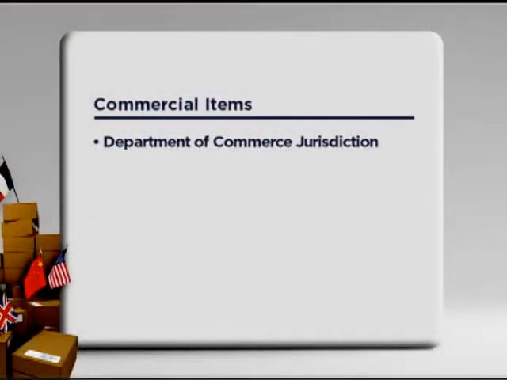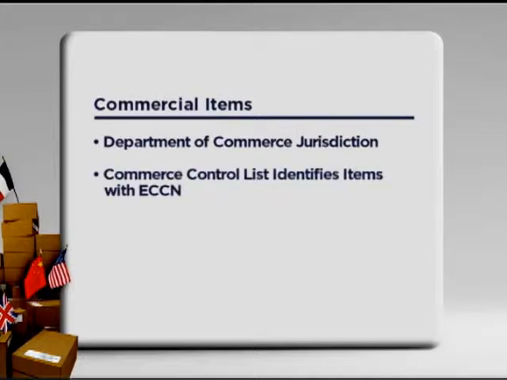Let me get my product spec sheets and I'll call you back. Great. Just to go over what we covered. Commercial items are under the jurisdiction of the U.S. Department of Commerce. We maintain the Commerce Control List, which identifies items by Export Control Classification Numbers, or ECCN. If your item is not on the Commerce Control List and does not have an ECCN, it is classified as EAR99.